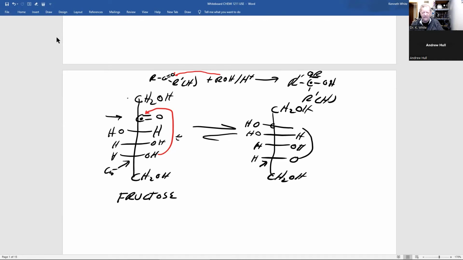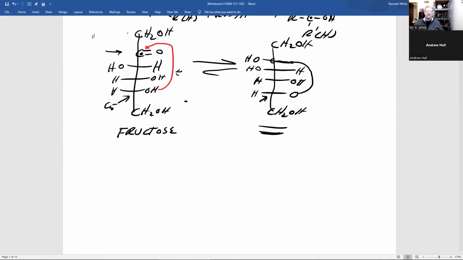And therefore, you form a bond here. And this you should know. If I give you this structure, you should know how to get to this. If I give you the product, just like the previous one, you should also know you get fructose. And you can either draw it or write the name. Any questions?